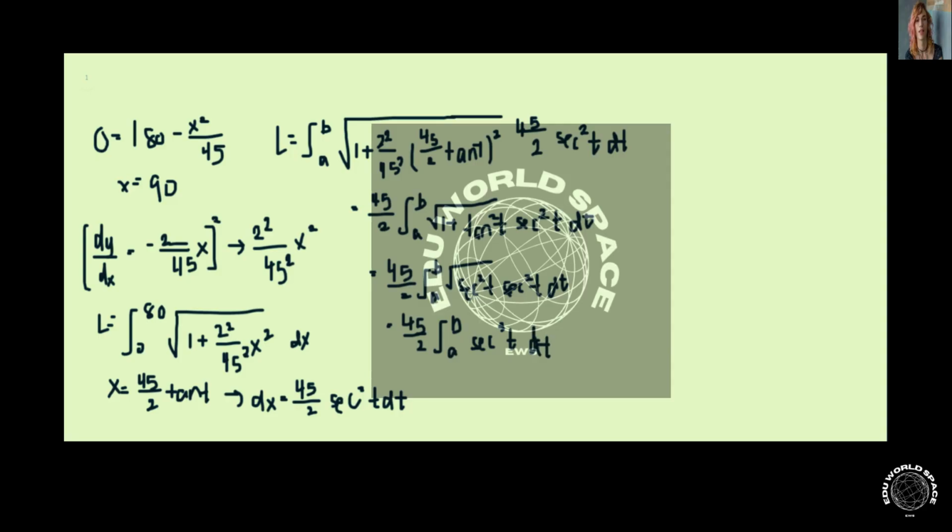We're going to do integration by parts. So we have u be secant, which makes du be equal to secant times tangent dt. We're going to make dv be equal to secant squared dt, which makes v be equal to tangent.